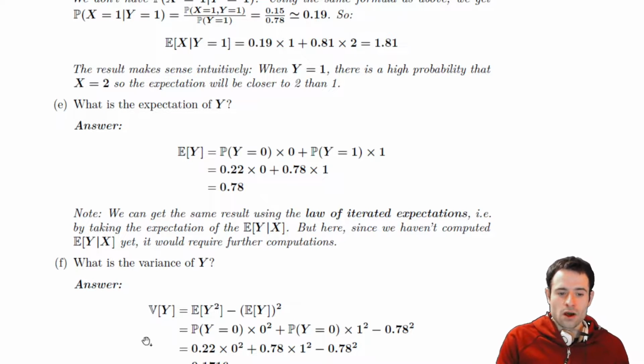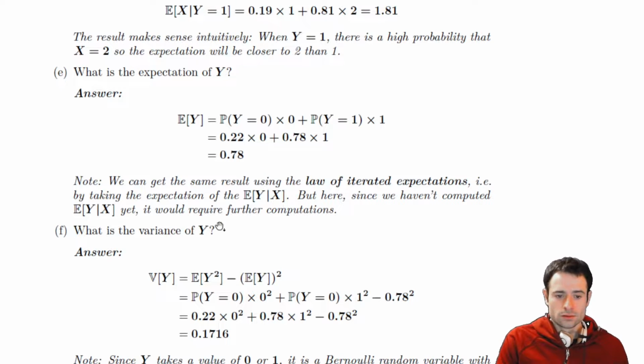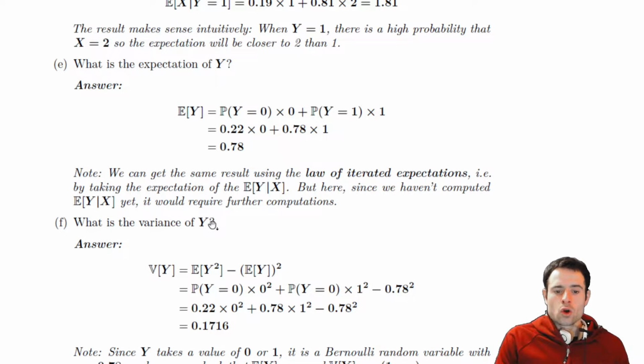What is the variance of y? Well, again, there are no conditions here. So I can simply use the second formula. I quite like the second formula. Expectation of y squared minus the expectation of y squared. So with some probability, 22%, y will be equal to 0.